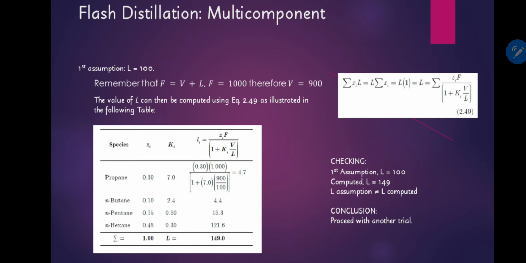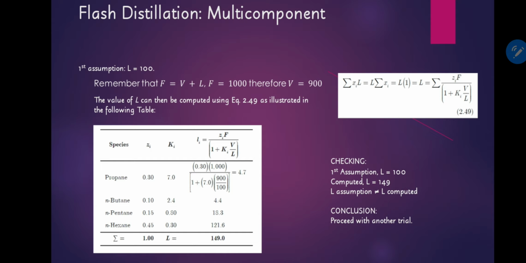For the first assumption, we say that L is equal to 100 moles. Since F is 1000 moles, V is equal to 900 moles. The value of L can be computed using equation 2.49.